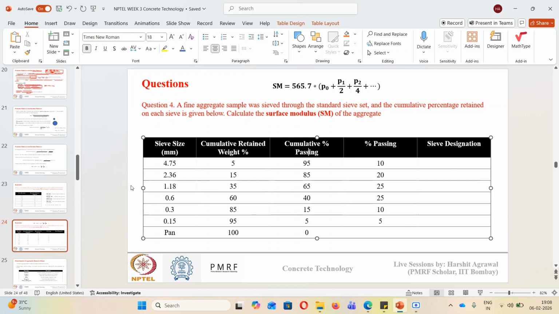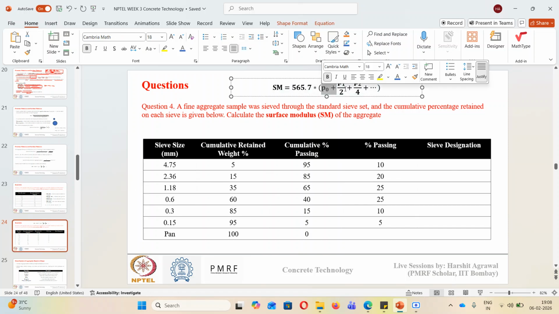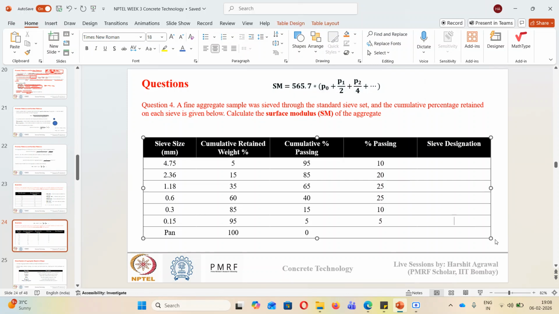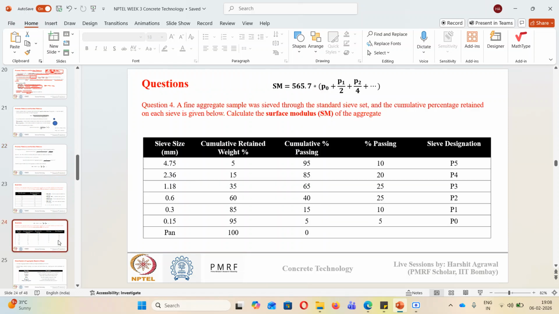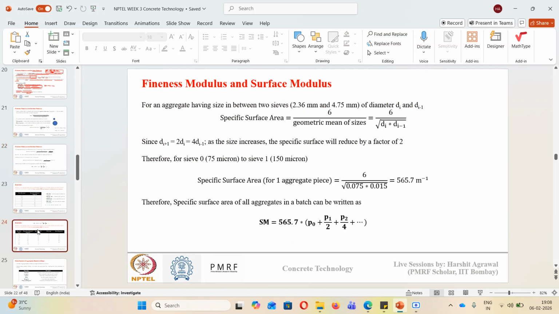Now we need to give the designation, what is P0, what is P1. So P0 we gave the designation to the smallest sieve. So for this sieve was P0, then this is P1, this is P2, this is P3, this is P4, and this is P5. So P0, this was the value that we calculated here, for sieve passing through 0.75 mm and retaining on 0.150 mm.